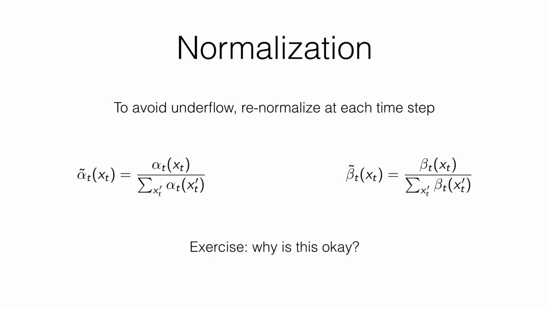I don't know if that's too vague to give you a hint as to how this works, or if it's at all helpful. But it's an interesting exercise, and at least for me, it helps understand how this all works. But the one key is that when we do this normalization, we avoid these things going to 0, but we end up computing something a little different than what we originally intended.